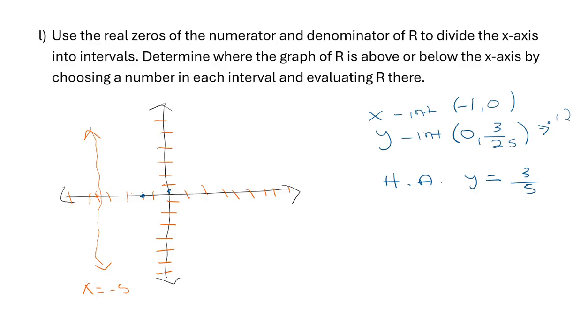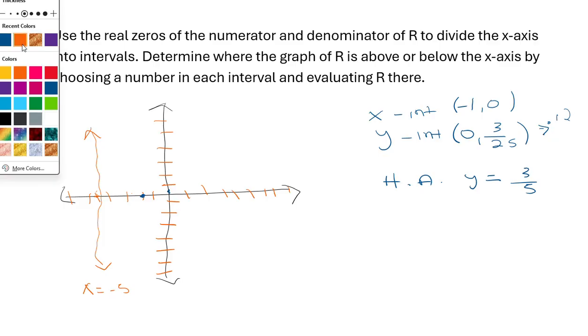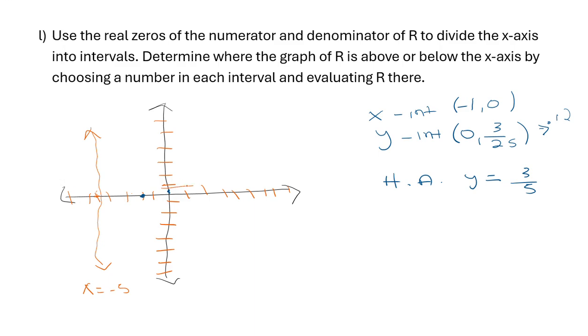So that is somewhere, let's go back to orange, just somewhere there. Again, these are supposed to be dotted lines, but you know, can barely make it straight. So this is y equals 3/5. Okay, so far we have put everything we know.